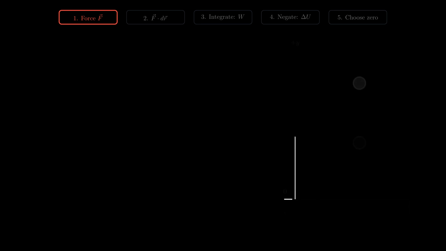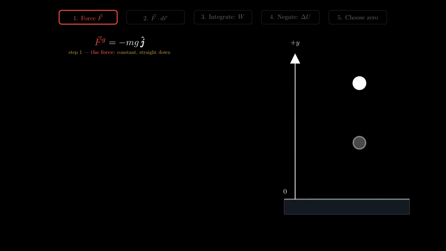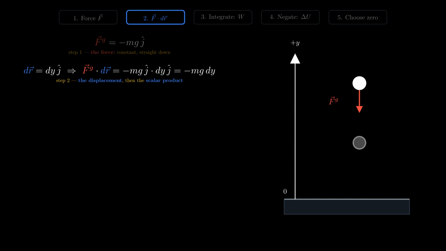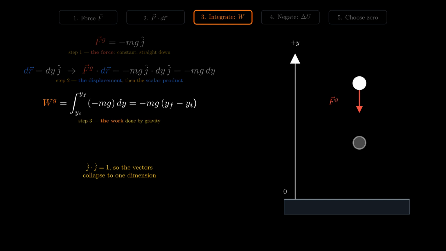Step 1. The force. Gravity on the object is minus mg in the j-hat direction, constant straight down. Step 2. The displacement is dy times j-hat, and j-hat dotted with j-hat is 1, so F dot dr collapses to minus mg dy. Step 3. Integrate.